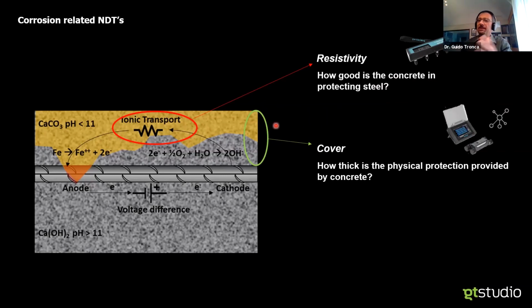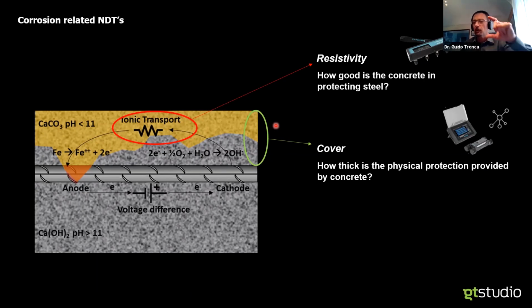How much physical protection is my concrete providing? Well, that is the reason cover meters were invented, and probably that is the reason why your engineers put down a specific minimum cover value, because we know that aggressive agents will permeate, for example, in 10 years will reach the rebars if the cover is 25 mm.